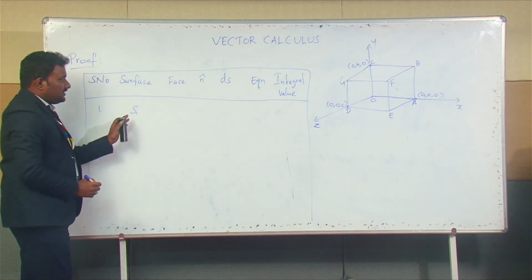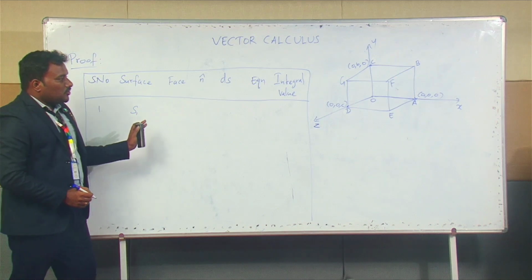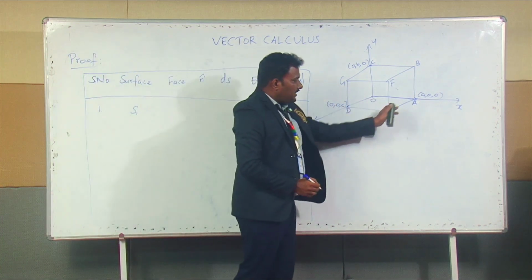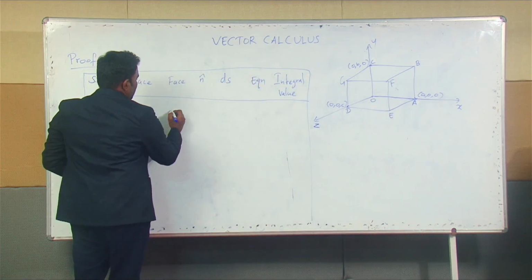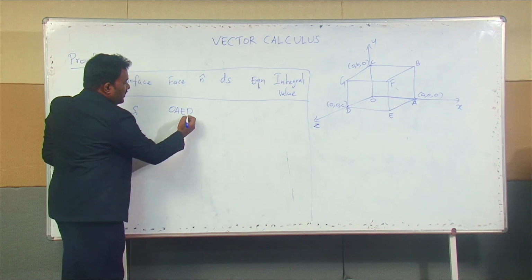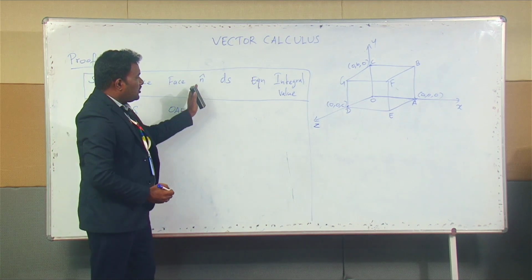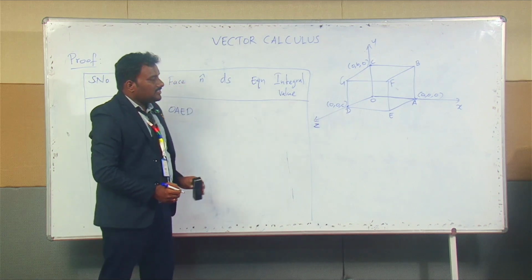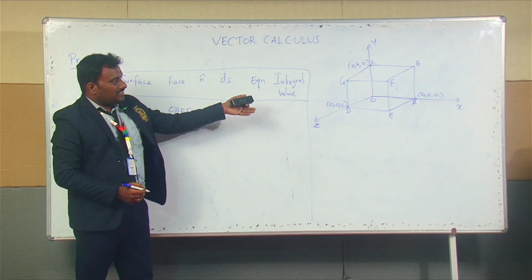So, first I am taking the surface S1, which is this OAED. That is the face we are taking, and the perpendicular vector to the OAED surface is the minus j vector.